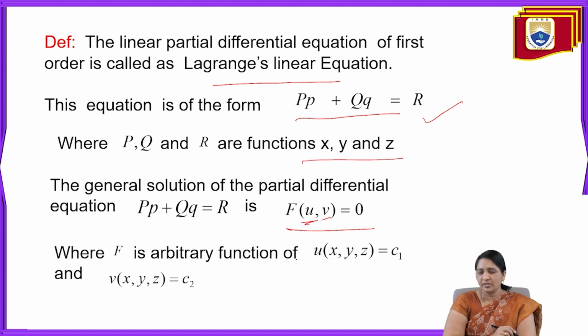Already we discussed in previous videos how to solve the given partial differential equation by using the direct method or by using the method of grouping. Today I am going to tell some more problems based on the method of multipliers. So we can solve the PDE, that means Lagrange's linear equation, by using the method of grouping and method of multipliers.